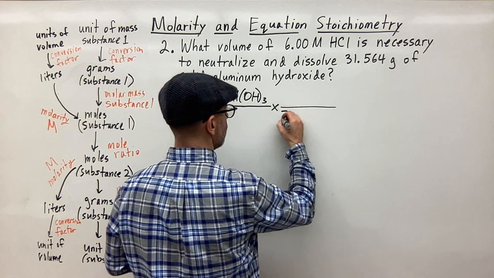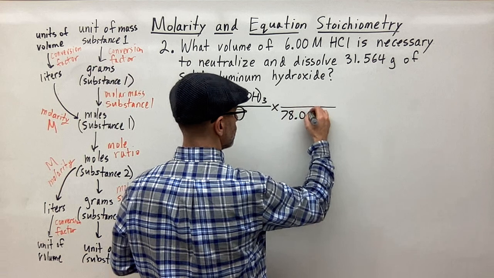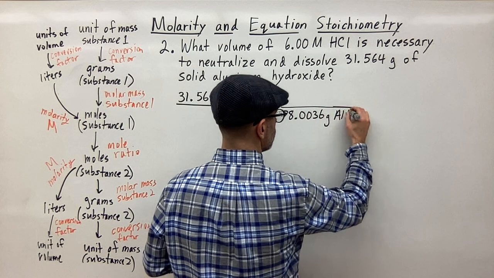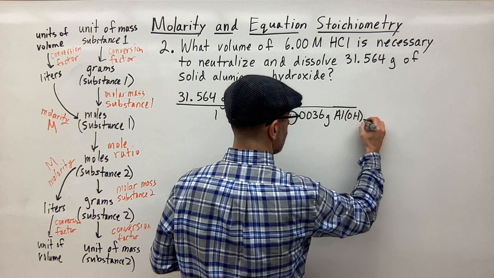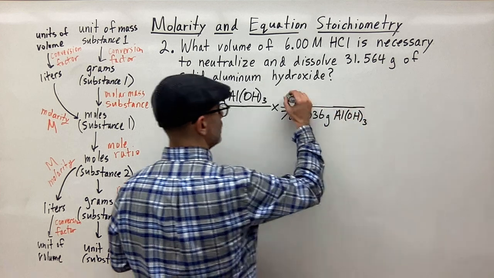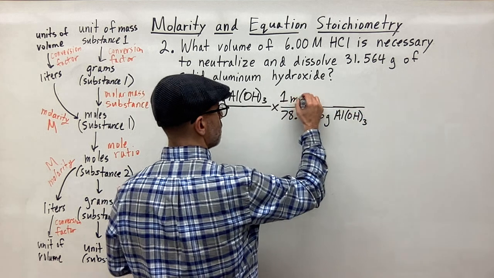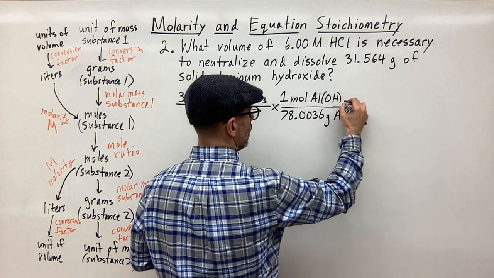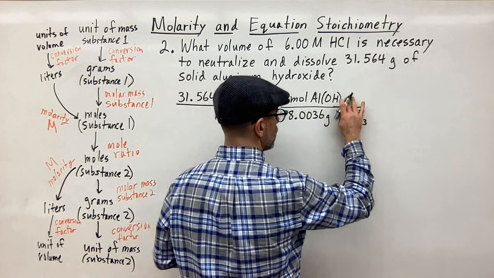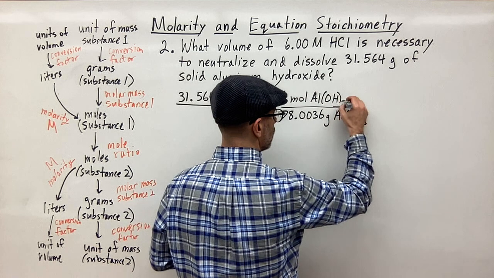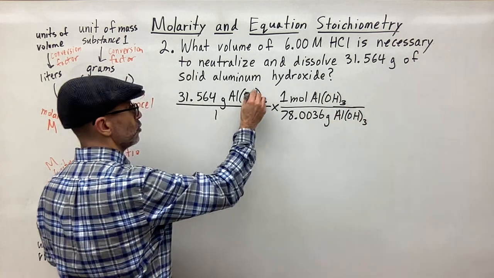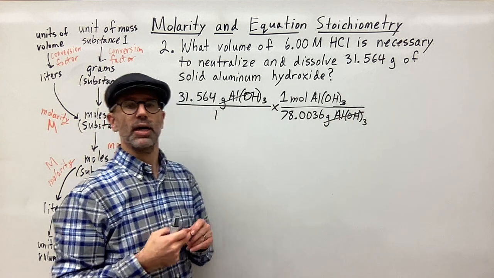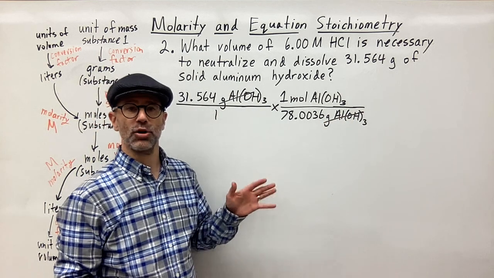So I put 78.0036 grams of the aluminum hydroxide, and on top is going to be 1 mole of the aluminum hydroxide. And that should be a 3. Let me make that better. There we go. So grams cancels out, and now I have moles of the aluminum hydroxide. Now I can use the mole ratio in my balanced equation.